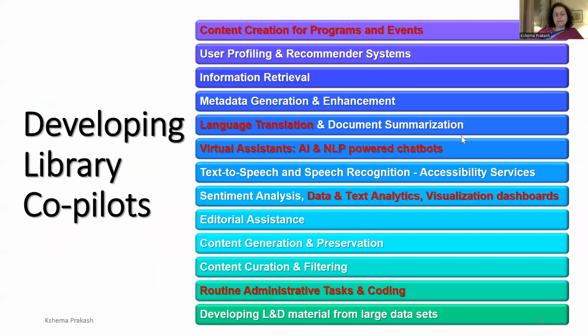Now, I will not waste my time there, but I will come to this particular slide. This is just one slide I have to talk about. Where all can the library start using the AI tools, rather integrate AI into developing particular library applications, or if we are permitted to say library co-pilots?